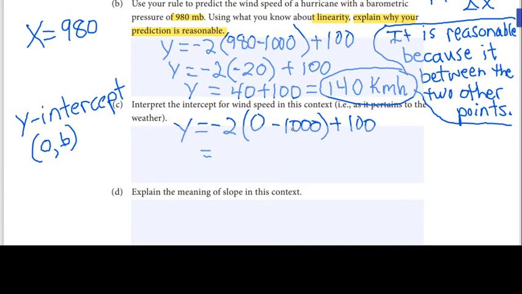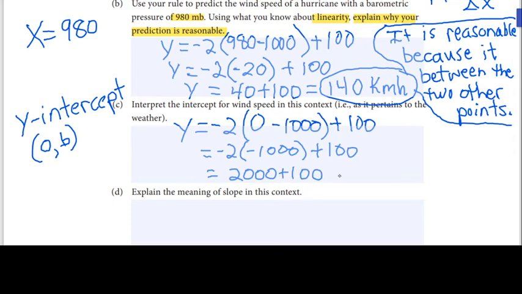0 minus 1,000 is just -1,000. So I write it down as -2 times -1,000, plus 100. -2 times -1,000, a negative times a negative is a positive. So I get positive 2,000, but I have to add that 100 to it.